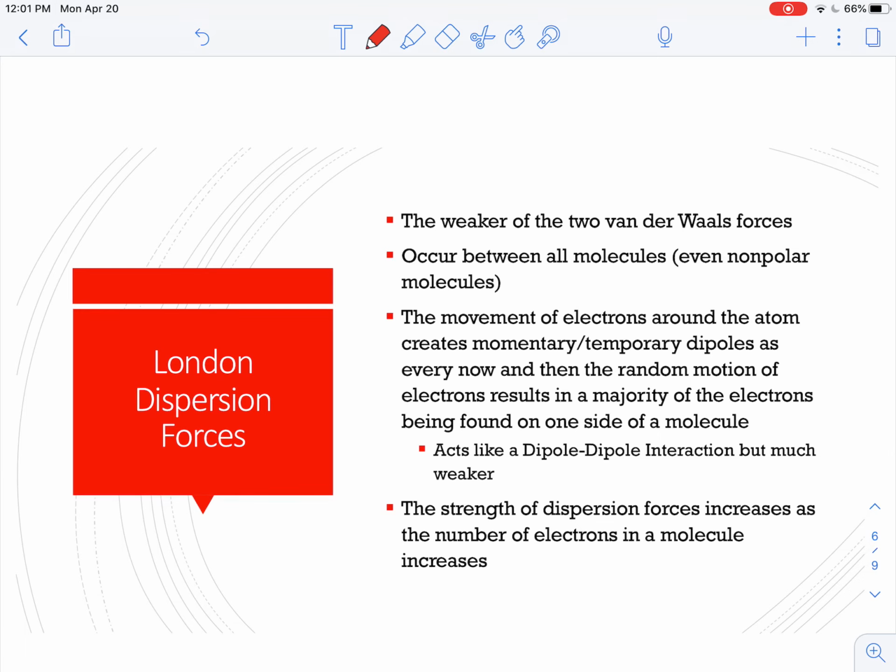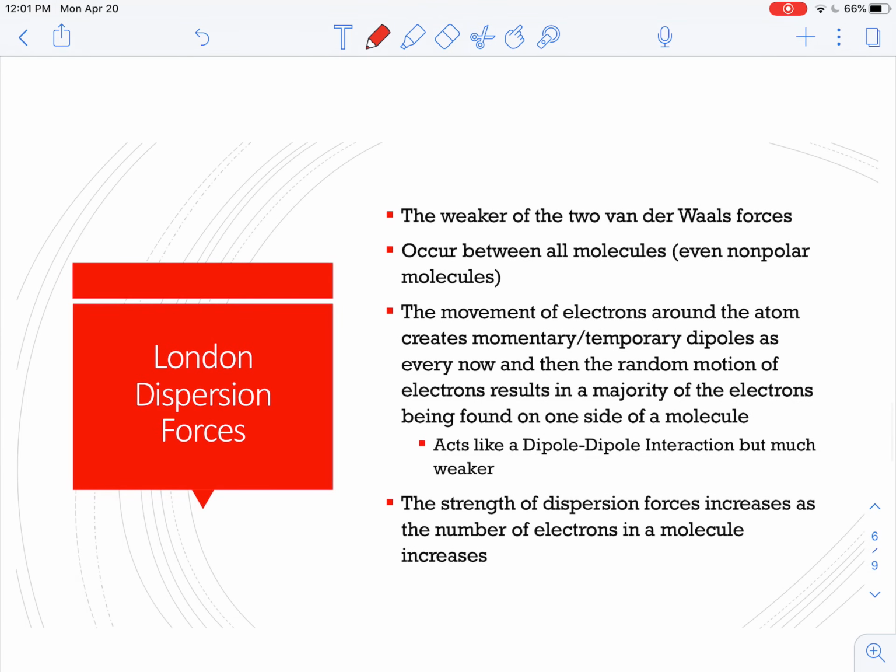Our second type of van der Waals forces is going to be our London dispersion forces. And this is going to be much weaker than our dipole-dipole interactions. And this can take place between all molecules. So dipole-dipole is only for polar molecules, but London dispersion forces also work for nonpolar molecules as well.